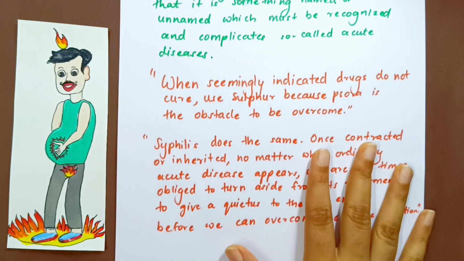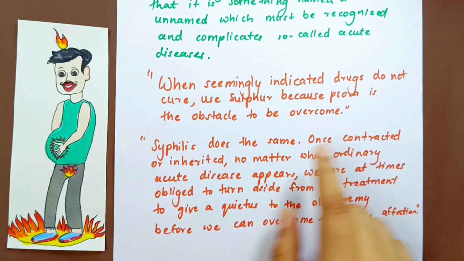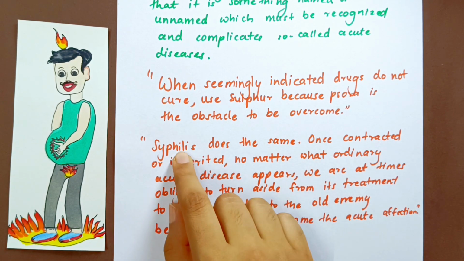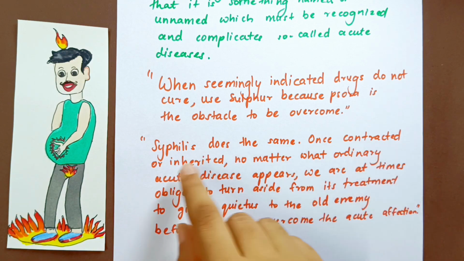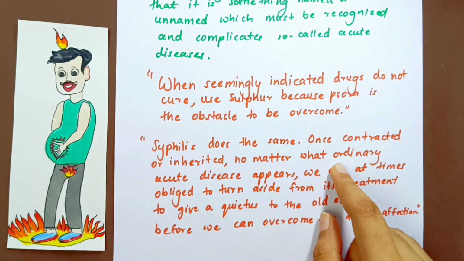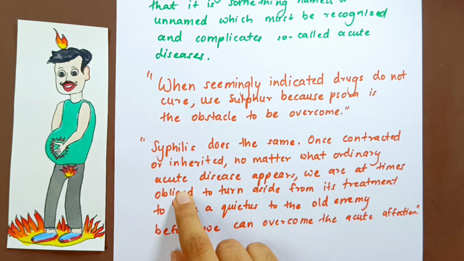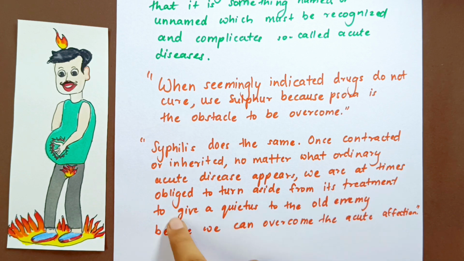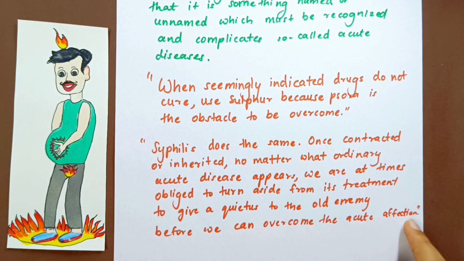Okay, so now he says that syphilis does the same. Once contracted or inherited, he means the disease, the infection. So if you get infected with syphilis, once contracted or inherited, no matter what ordinary acute disease appears, we are at times obliged to turn aside from its treatment to give a quietus to the old enemy before we can overcome the acute affection.